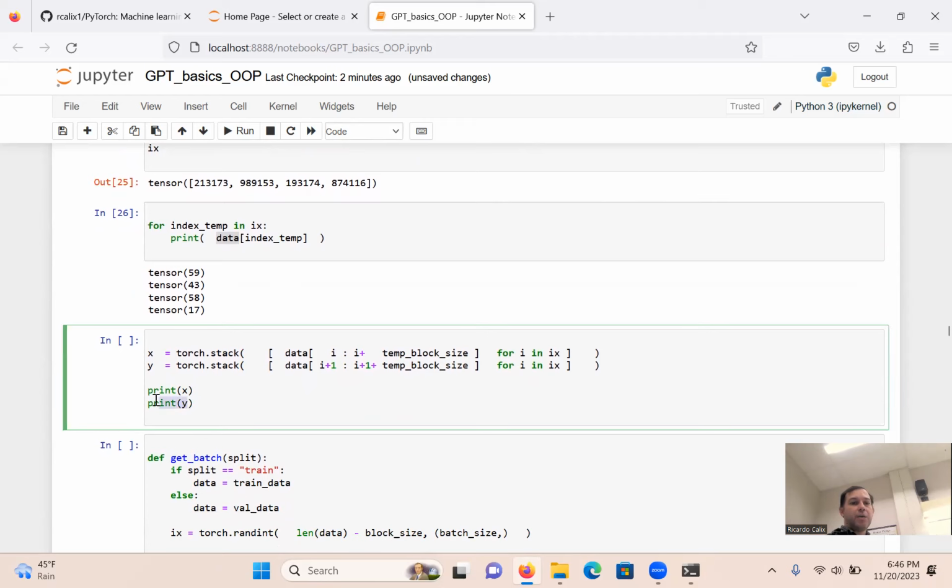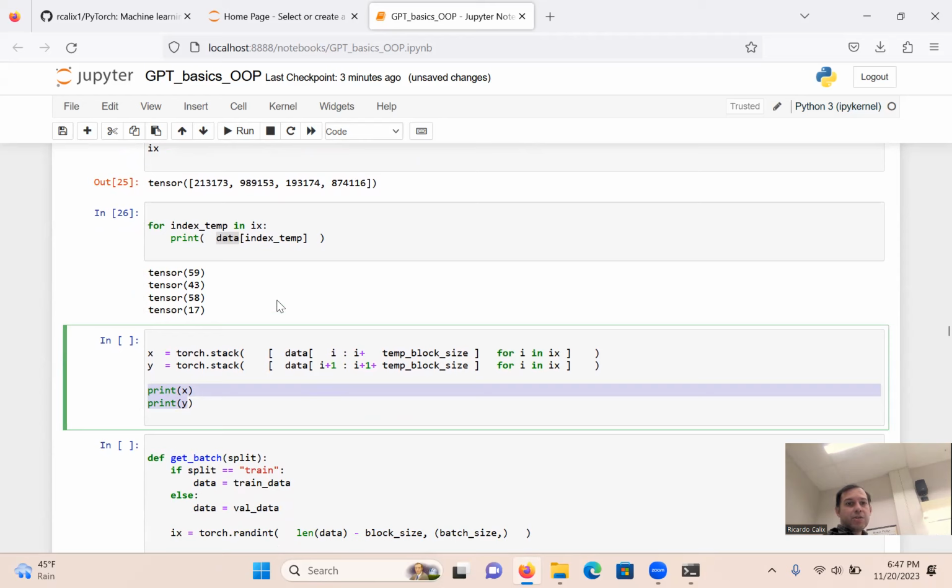Notice that here I'm printing X and Y. What is this X and Y? X is the input to the GPT, Y is the output of it. When we do the training, all the weights need to map from X to Y. So we go for i in ix.